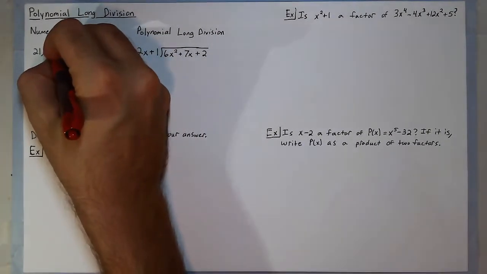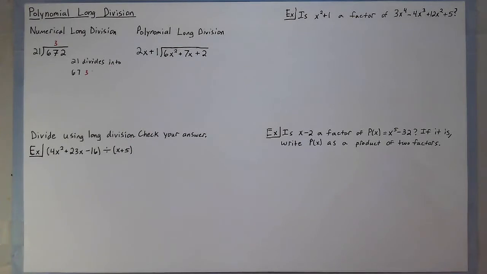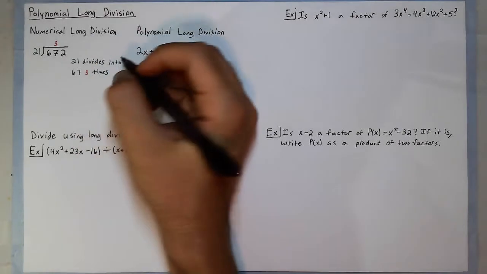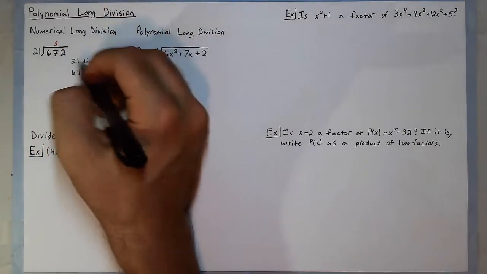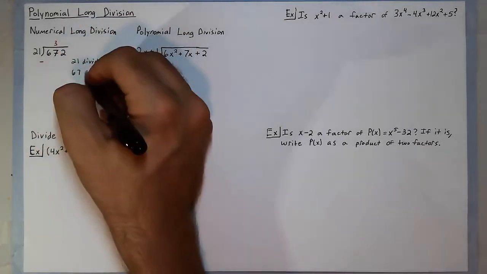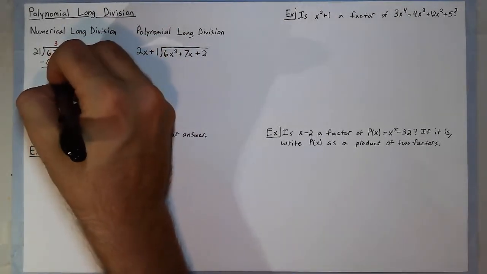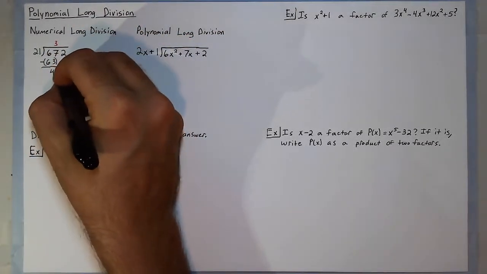So you put a 3 up there above the 7 because that's the place it would be over. And then you would go ahead and subtract. So you'll have 67 minus 3 times 21, which is 63, giving me 4. And then you would just bring down that 2.